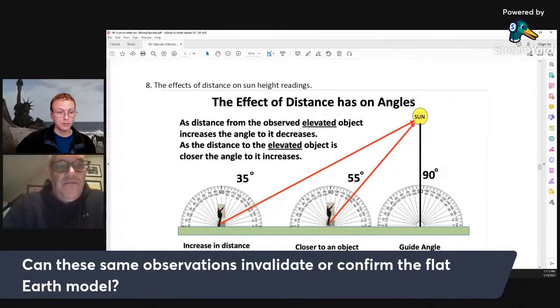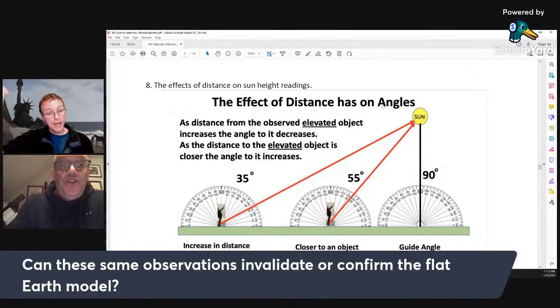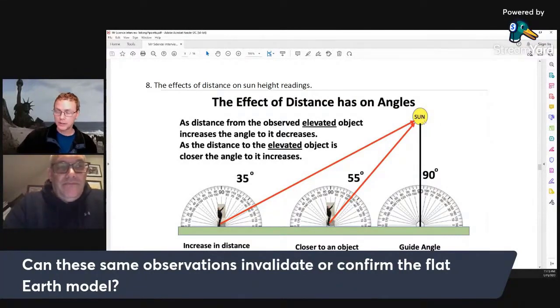No, I'm just saying that's just the facts of the diagram, right? It'll get closer and closer to 90 as you pull that sun farther and farther up. Well, and as you pull the sun down, it'll get lower. No, as the observer gets closer, that angle is going to increase. That's what this slide is about. True, but we don't actually know the distance to the height of the sun.